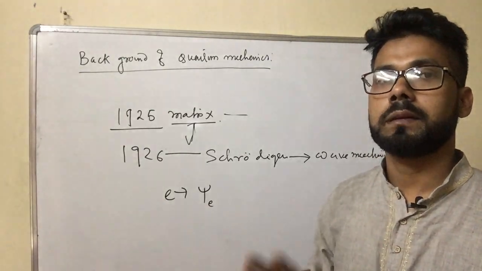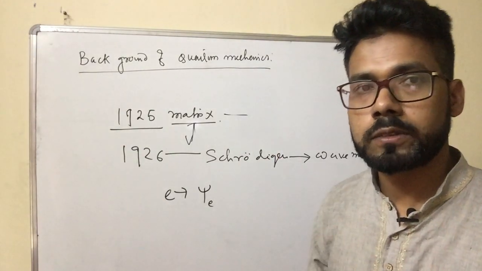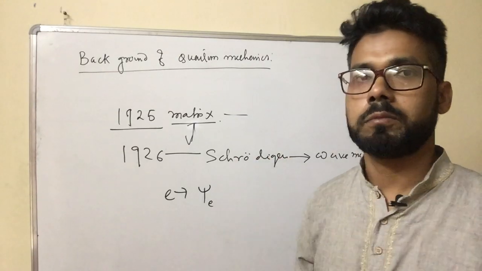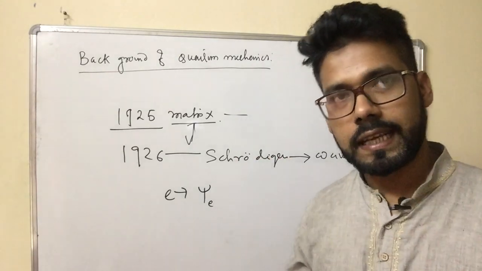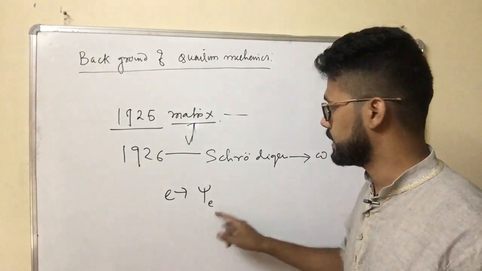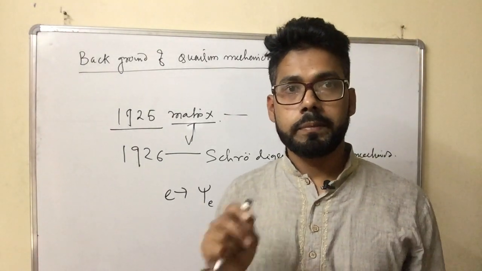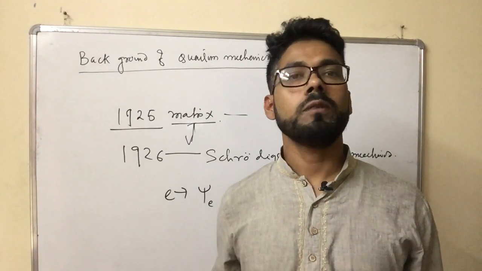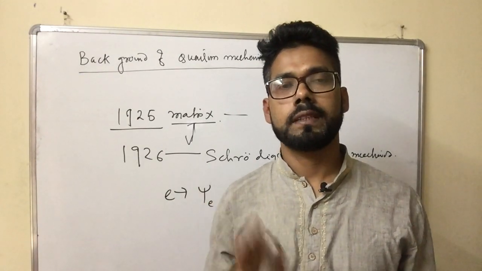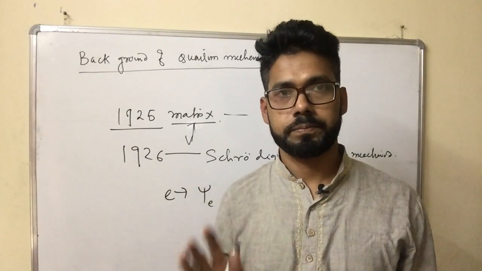From this wave function you can extract all necessary information: state, energy, everything. The moral of the story is that any particle in quantum mechanics is represented by the wave function, not by name or other nature.